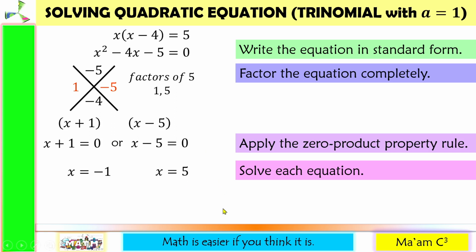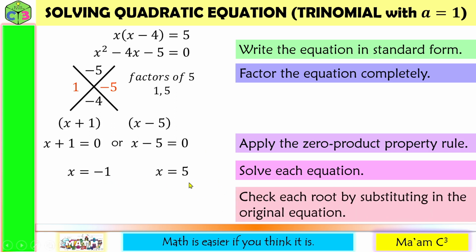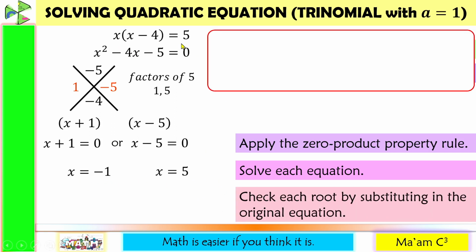Finally, let us check. Let us substitute these values in our original equation. Let's start with the first one, negative 1. Let us replace all x's here by negative 1. Are they equal? So we have negative 1 minus 4 will give you negative 5. Is it equal? Negative 1 times negative 5 is positive 5. And yes, they are equal.